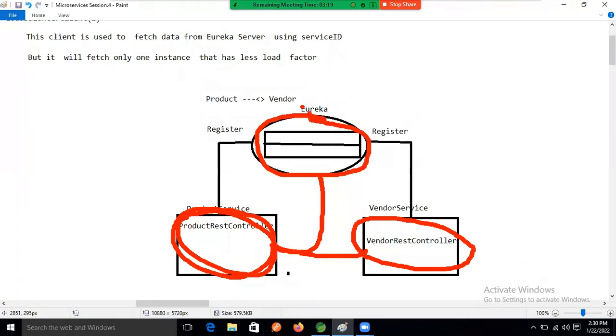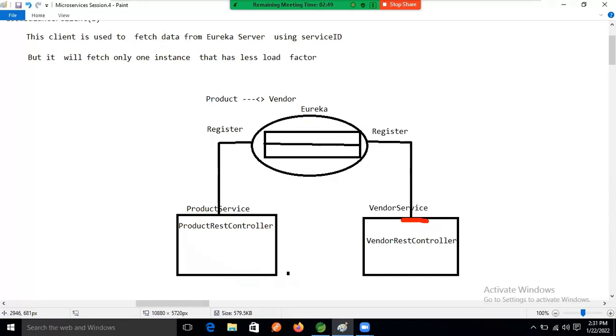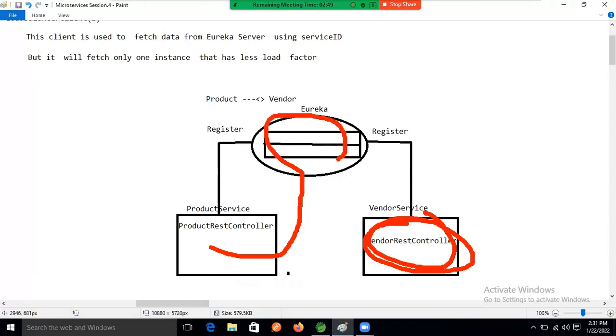So to fetch the information about this microservice, we need one client here to fetch the information from the Eureka server.